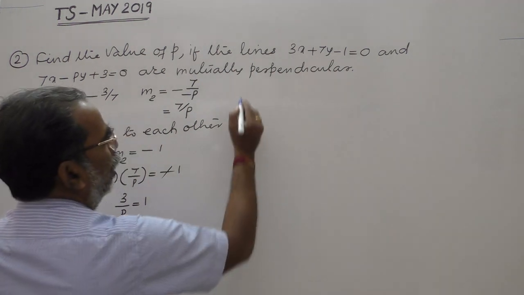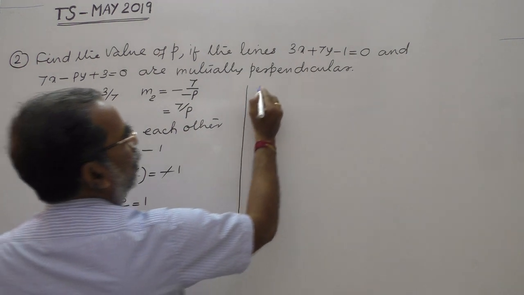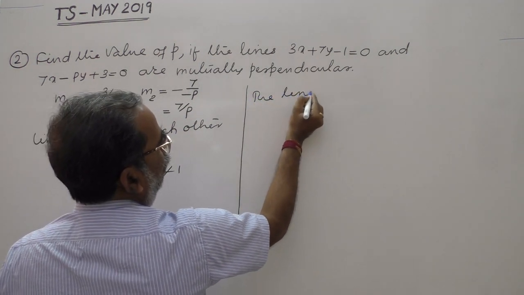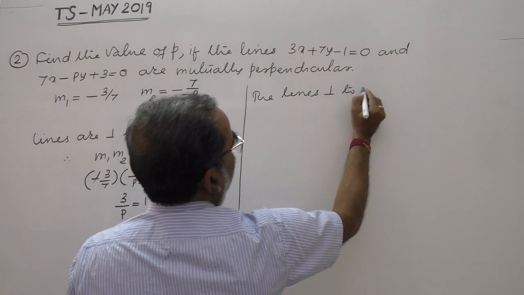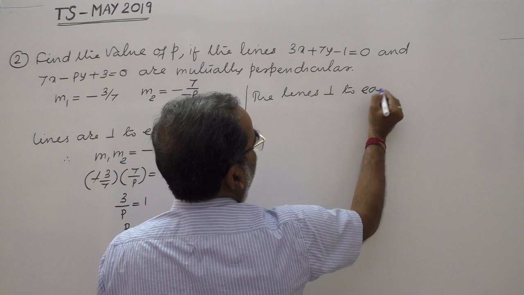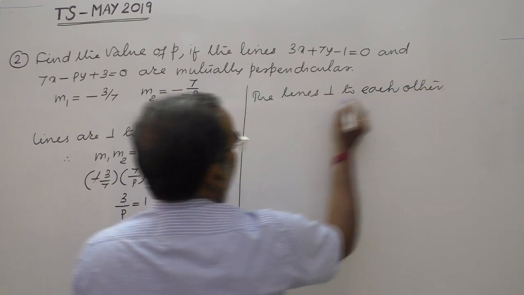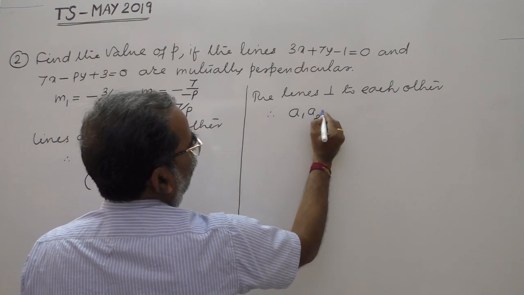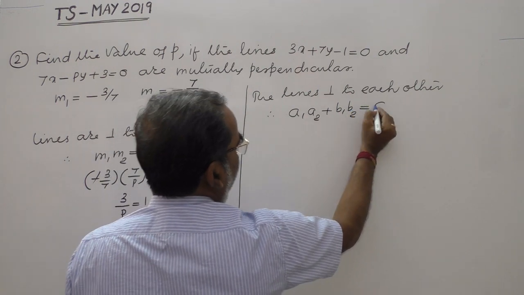This can also be done in another method. Here in this question, what is given? The lines are perpendicular to each other. Therefore, we have the condition a1 a2 plus b1 b2 is equal to 0.